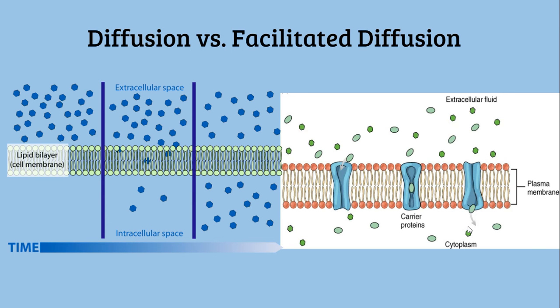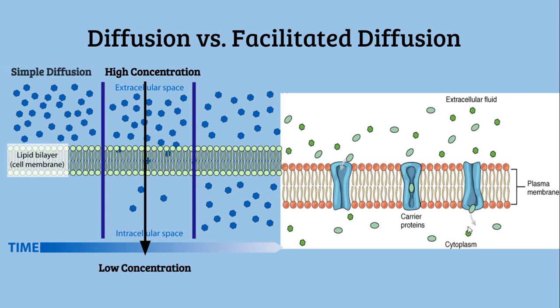So here is an image of both of them side by side. Let's break them down a little bit. In the image to the left, the extracellular solution has a high concentration of solutes, while the intracellular solution has a lower concentration of solutes. As a result, those solutes move from a high to a low concentration, and there is no transport protein involved, making this simple diffusion.